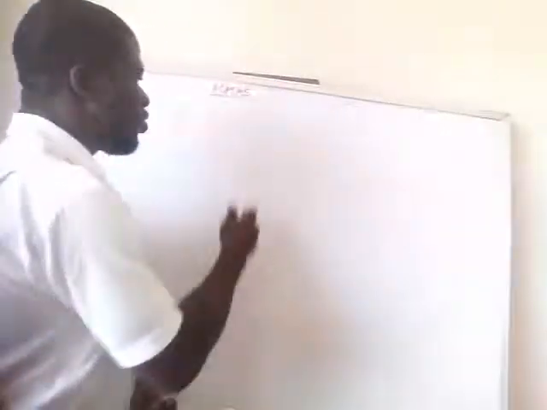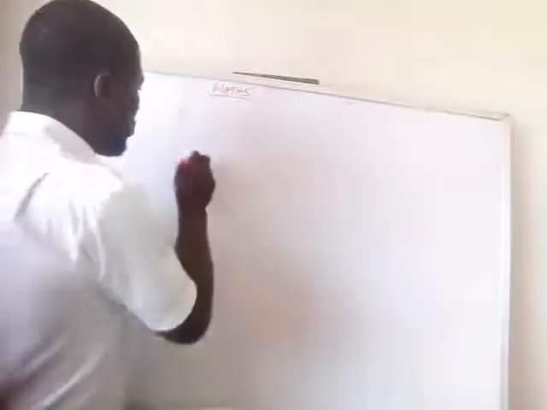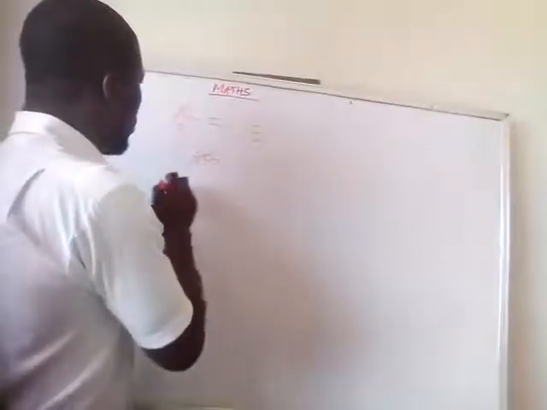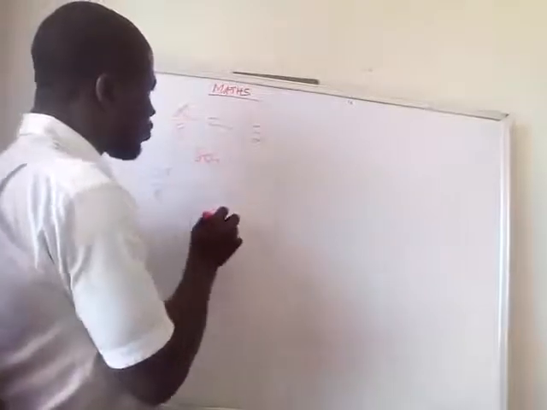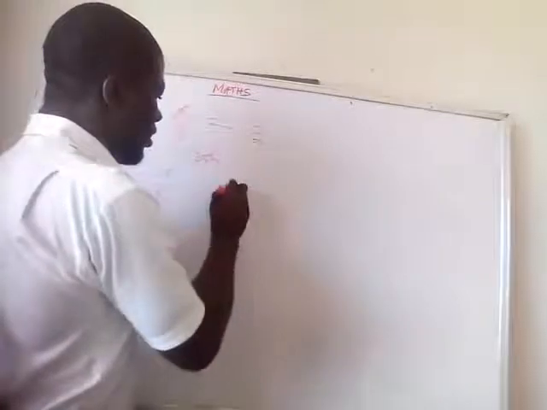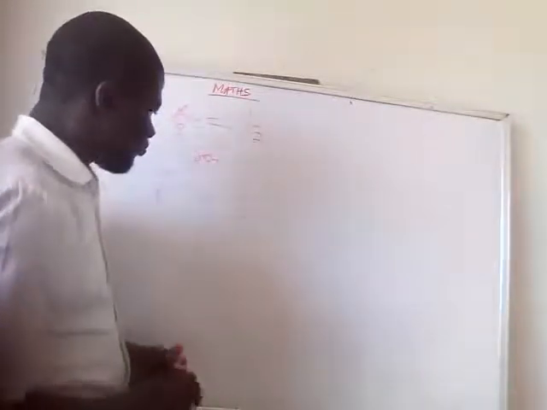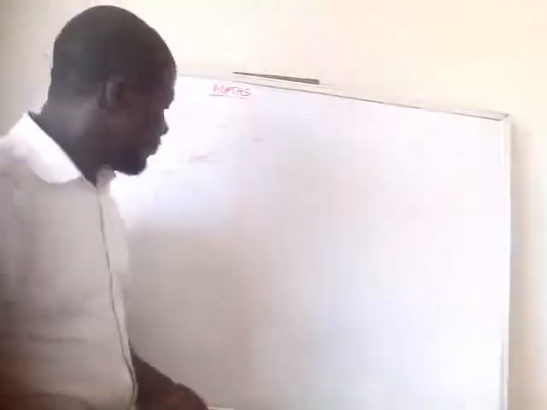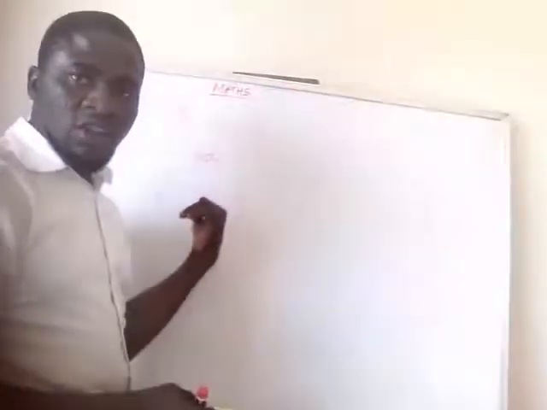So the first thing you will do is to change this one to an improper fraction. So solution, you have x over 8 is less than or equal to 1 times 2 will give me 2 plus 1. You have 3 over 2. So you ask yourself now, how do we remove this 8 as the denominator?